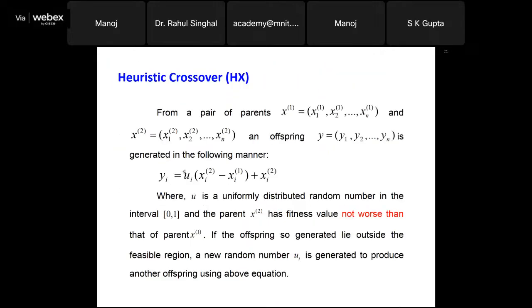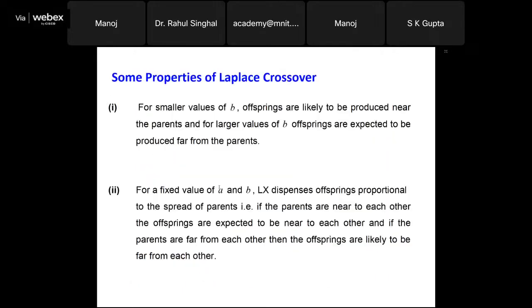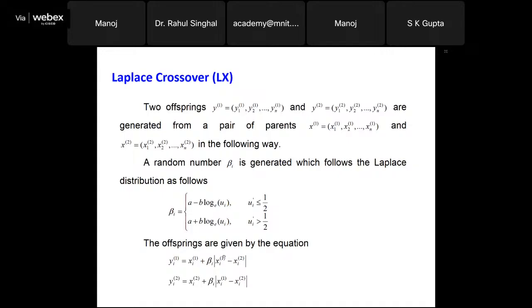Of course, the problem which we faced in heuristic crossover may come here in either Laplace crossover or simulated binary crossover, because they do not give you solutions which are bounded in the given range. So some heuristic procedure has to be applied. One process is to find a new solution, that means find a new beta, so that the solution remains in the bounds.